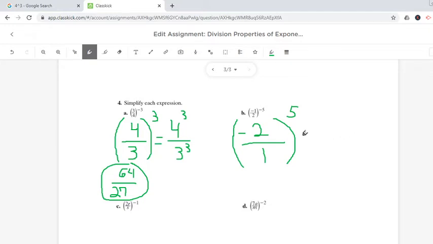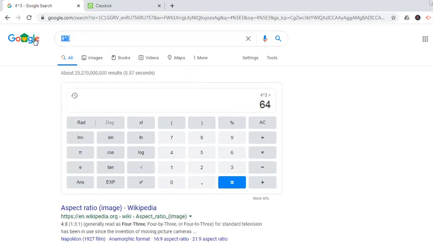All right. So now we have negative 2 to the fifth and 1 to the fifth. Okay, so negative 2 to the fifth. Let's see what that is.